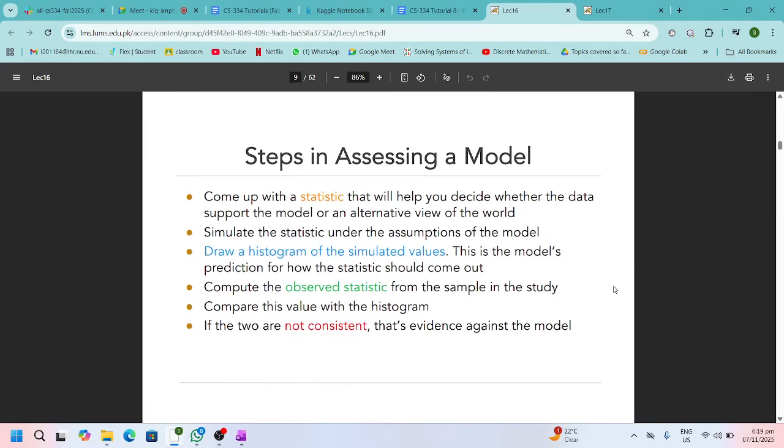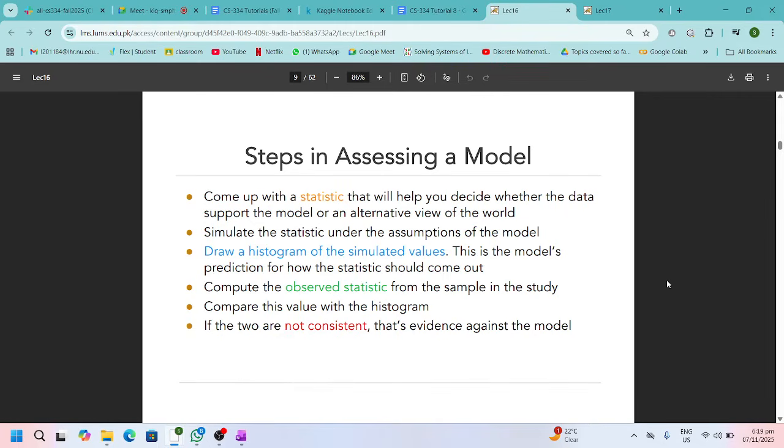Okay, once you decide a statistic, after that you have to simulate the statistic under the assumptions of the model. And then you draw a histogram of these simulated values. The distribution you get as a result is the empirical distribution of the statistic. Once you have this distribution, you look at the observed value of your statistic. The histogram you made is under the null distribution.